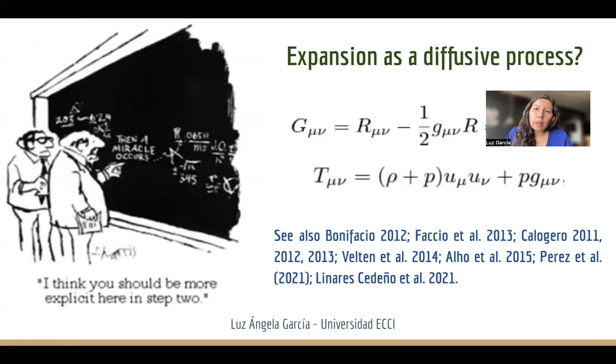So we can think about the expansion of the universe as a diffusive process, but this is not exactly what we were showing before, because the universe is not a fixed thing in space-time. It is actually not confined. So we cannot think of something spreading out, like galaxies, inside a fixed universe.